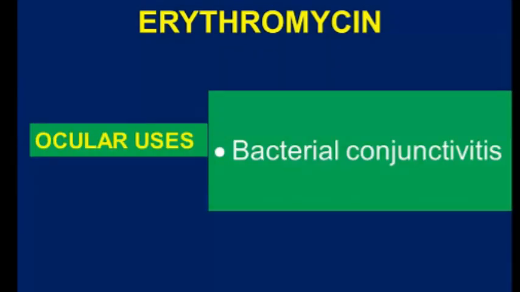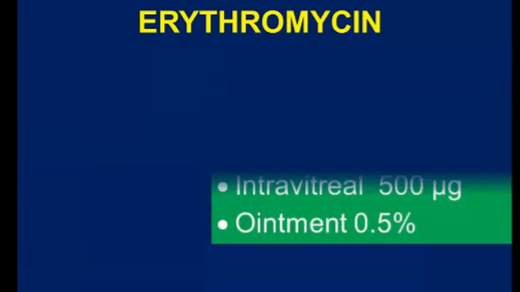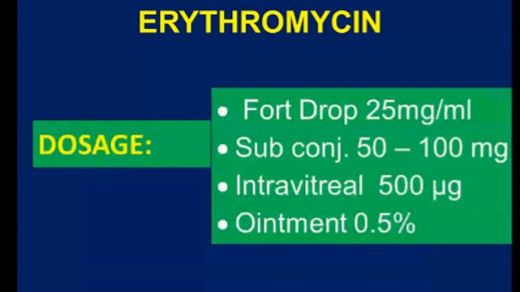Then the ocular uses of erythromycin, just like chloramphenicol, can also be used in treatment of bacterial conjunctivitis, blepharitis, and other bacterial infections of the eye, especially the external tissues of the eye or the anterior segments, the anterior structures of the eyes. So the dosage in eye drops is 25 milligrams per mil.